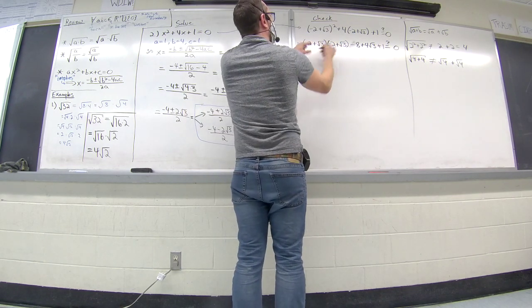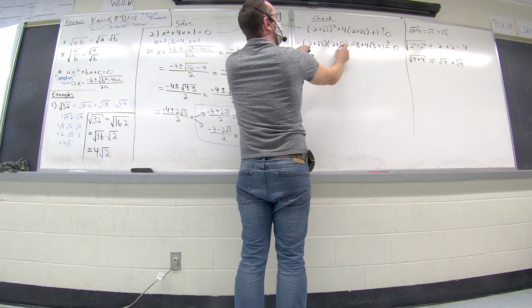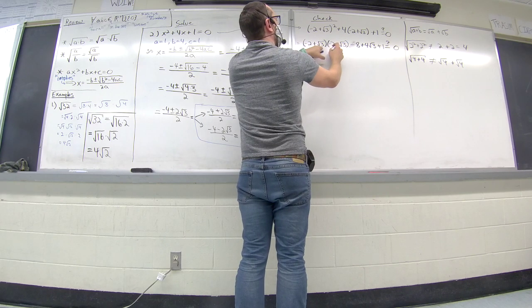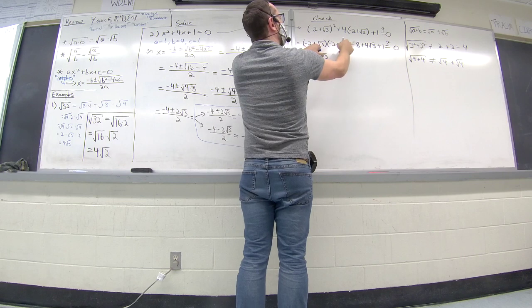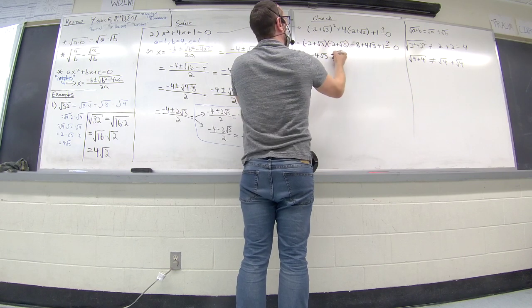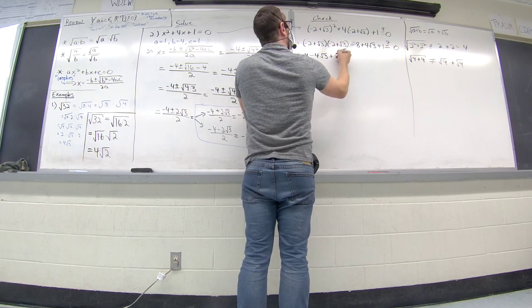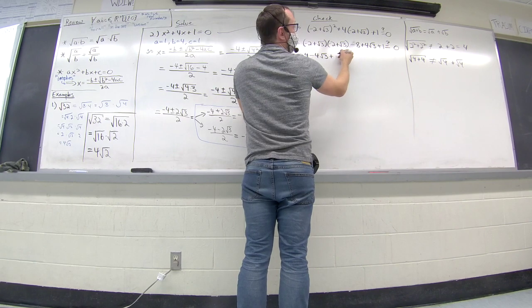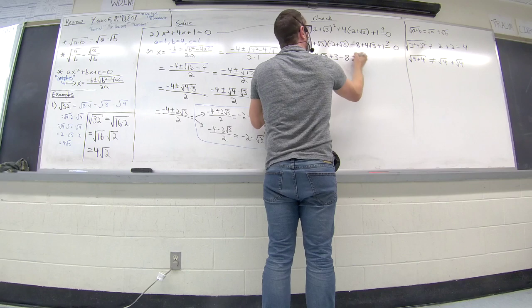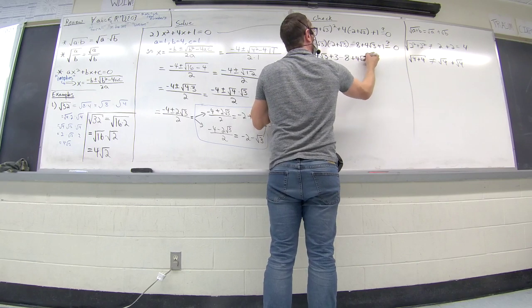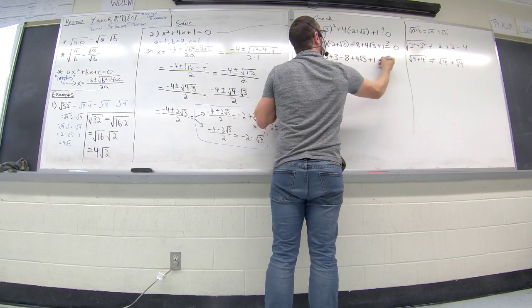First term, 4. Outer terms, -2 root 3. Inner terms, -2 root 3. That's -4 root 3. Last terms, what's root 3 times root 3? That would be root 9, which is 3. Minus 8 plus 4 root 3 plus 1 equals 0.